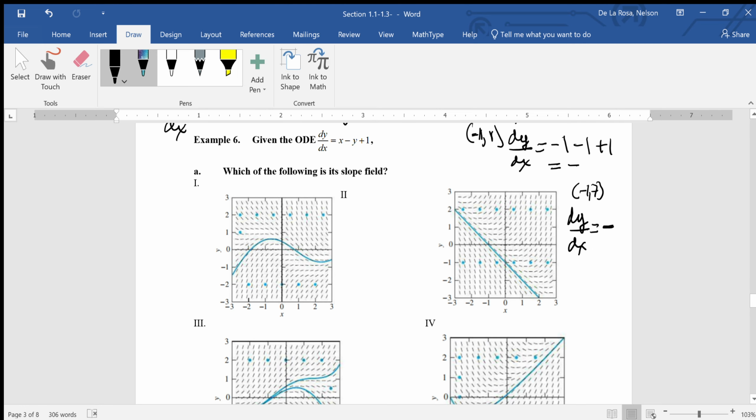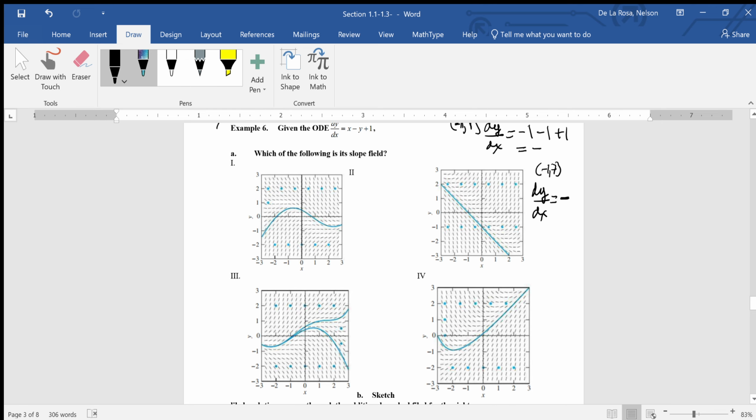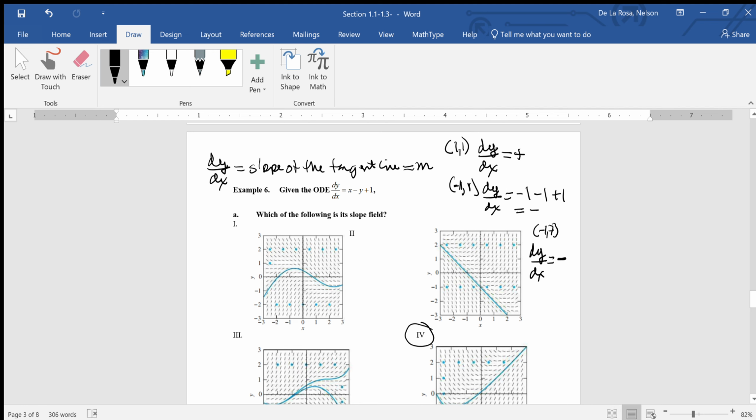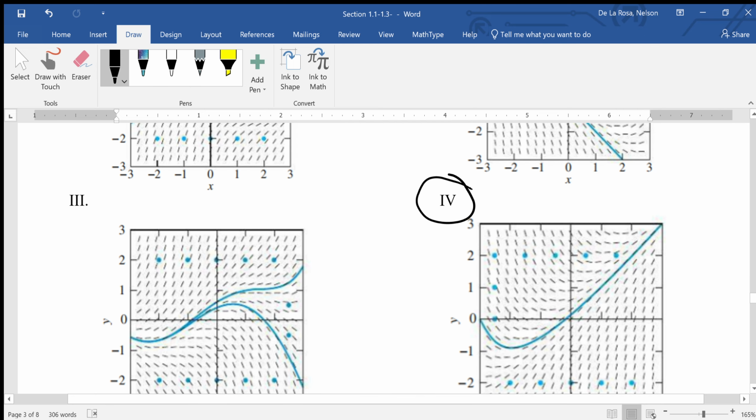So if you look at the graph, it's going to be the graph for number 4, the fourth graph. Because, for example, when you replace (1, 1), what is (1, 1)? (1, 1) is this point, and as you can see, this line has a positive slope, right?